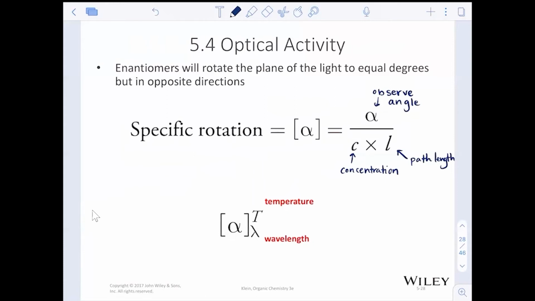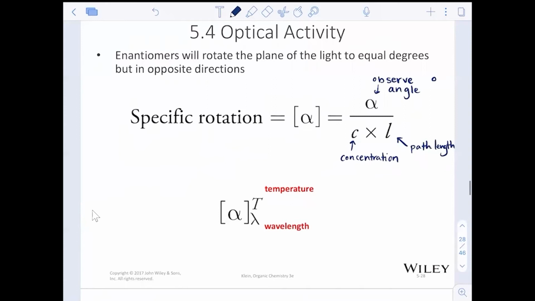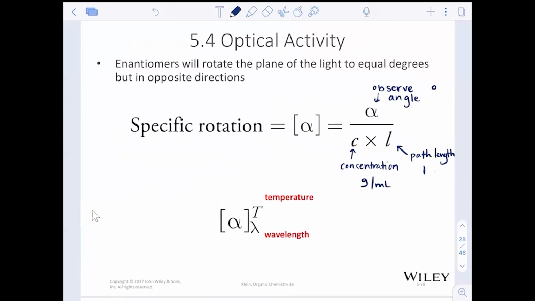We will mainly be giving you the specific rotations, but I wanted to make sure you knew how they were calculated. An observed angle will be in degrees. The concentration is usually in grams per milliliter. And the path length is usually 1 decimeter, 10 centimeters, but it usually is in the decimeter unit. And that is what we call a specific rotation.